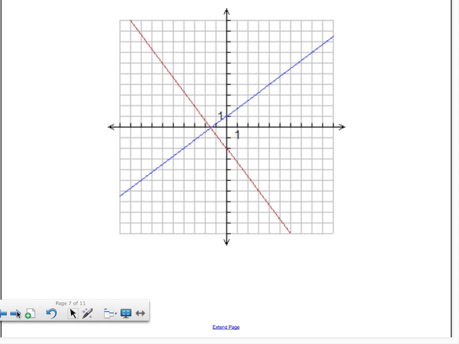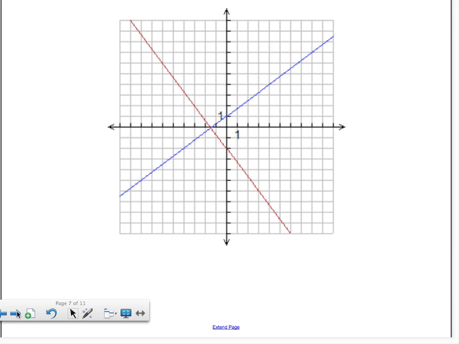Okay, now we'll look at something a little bit different. Parallel lines are kind of boring. So we have this graph. How would you describe these lines, just by looking at it? Good, they cross.